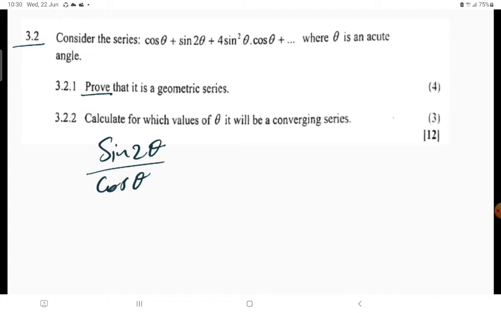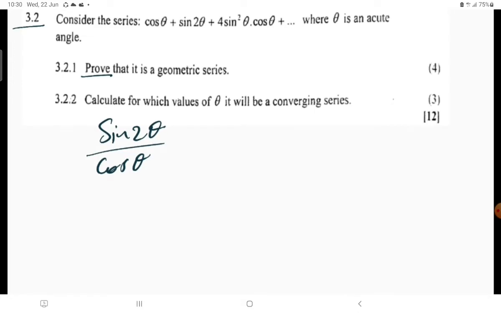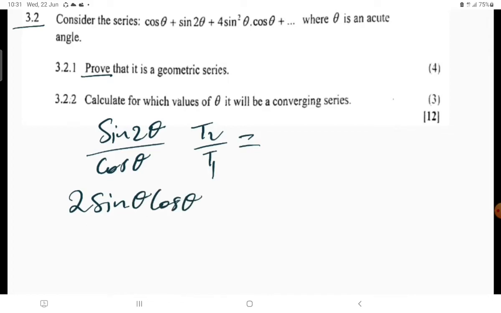I would like us to first simplify this one alone, then we'll come to the next one. So for this one, this is term 2 divided by term 1, and let's see what it is going to give us. This is the double angle of sine that can be expanded to 2 sine theta cos theta, all divided by cos theta.